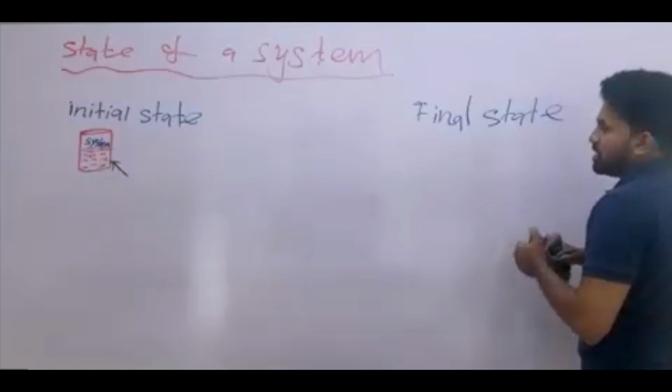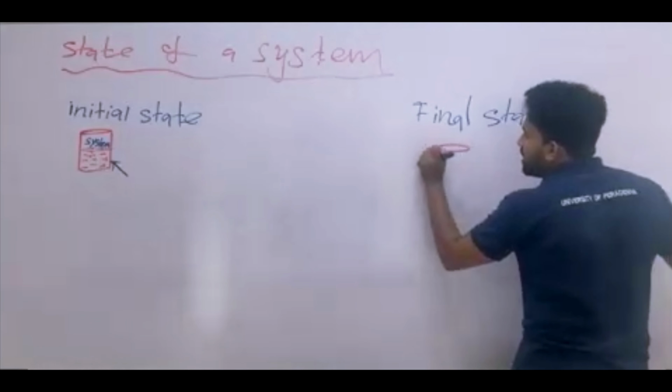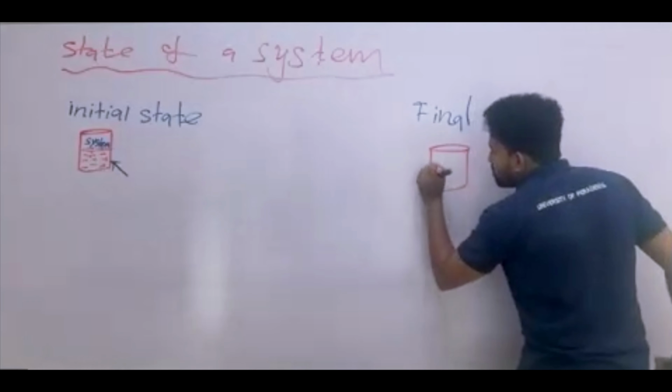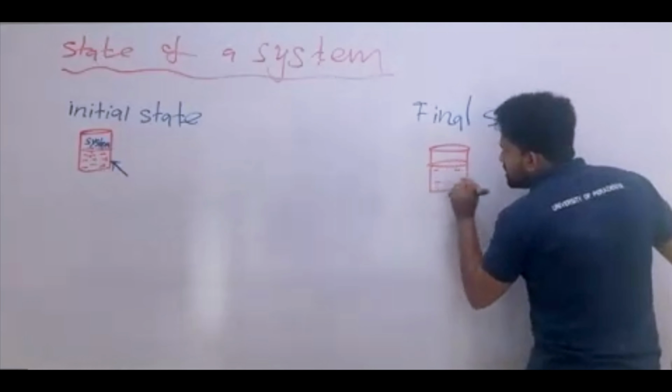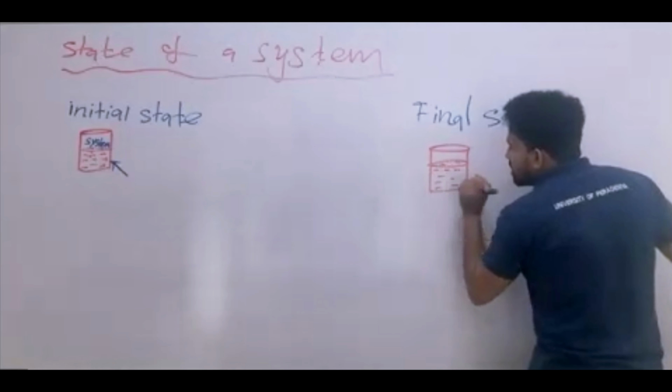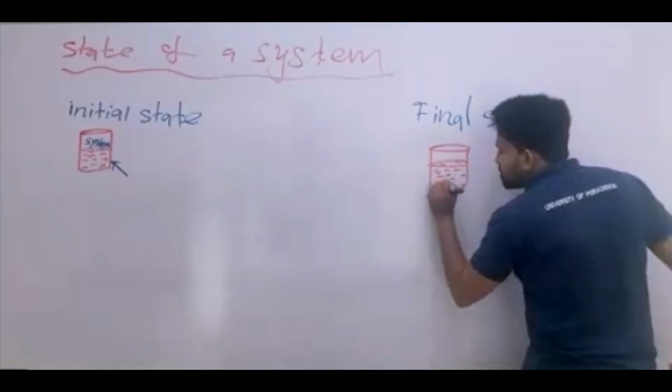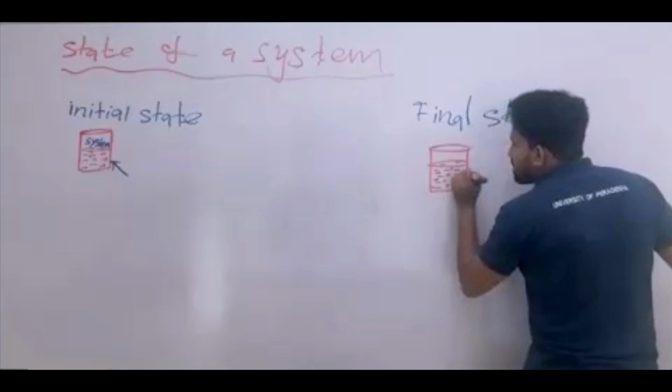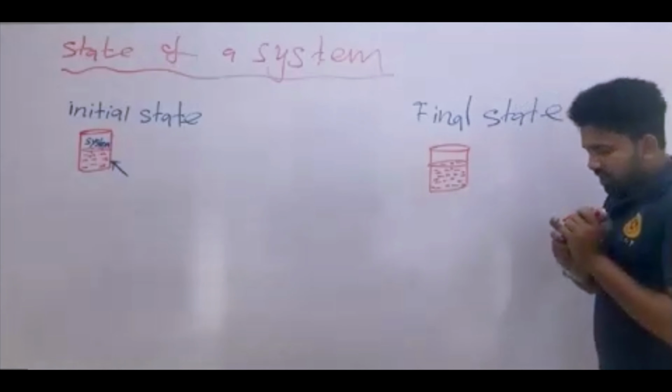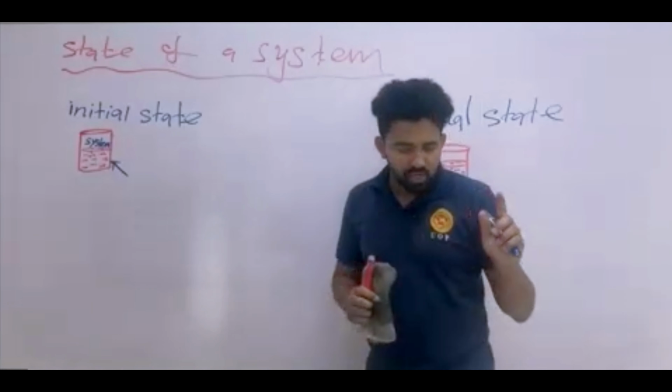Initial state and the final state. So when it comes to a final state, the final state is the state after the system interacts with the surrounding, right? After the interactions with the surrounding.